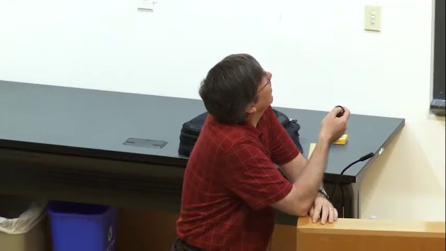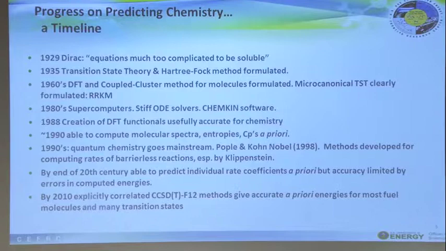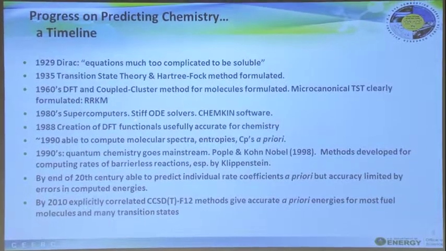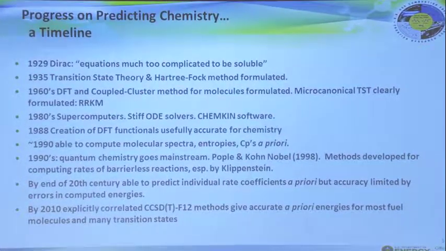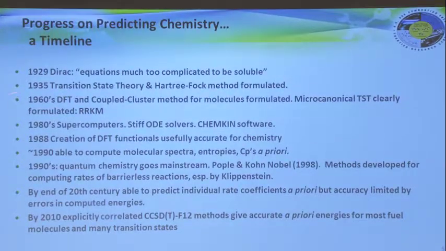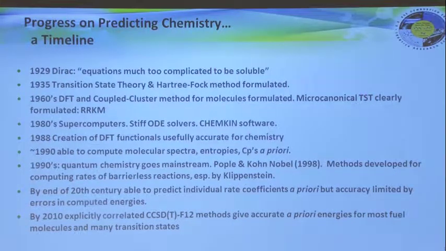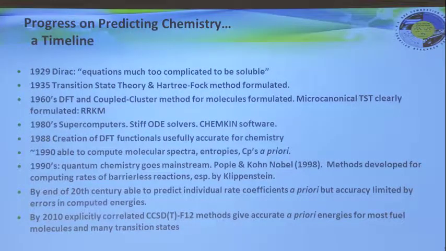And so in 1935, the transition state theory was formulated, and the first basis set methods that were pretty good for solving the Schrodinger equation were invented, called Hartree-Fock theory. So that's just 6 years later. And people kept on working on this, plugging away. And so by the 1960s, the coupled cluster method, which is a really good high accuracy method for solving the Schrodinger equation, was developed.